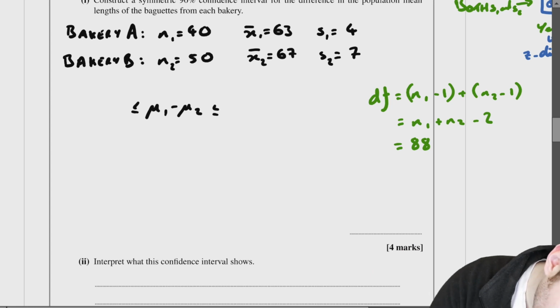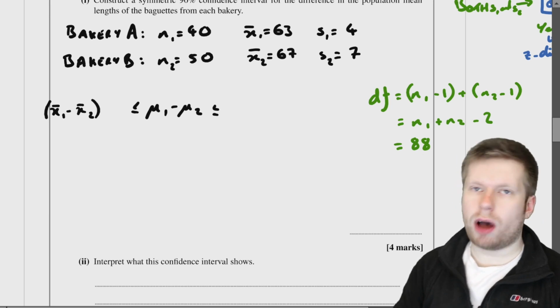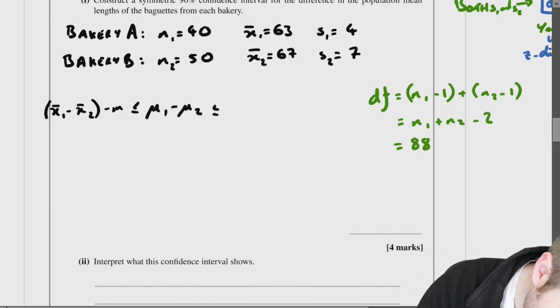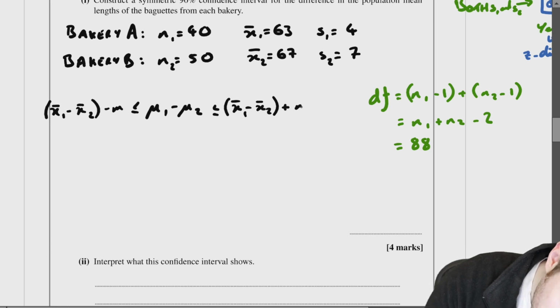Well, that's nice and easy. It follows a very similar setup to what we were doing in the last questions. It's just the difference in the sample mean weights, take away some margin of error. And the upper bound is the difference in sample means again, but add on some margin of error.